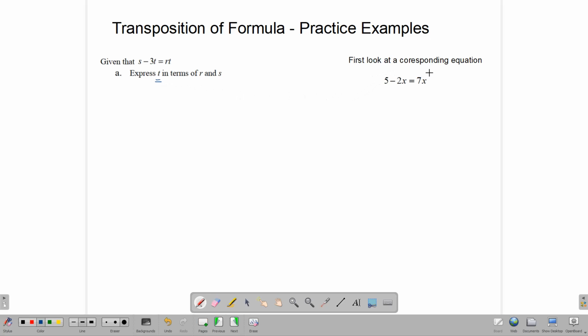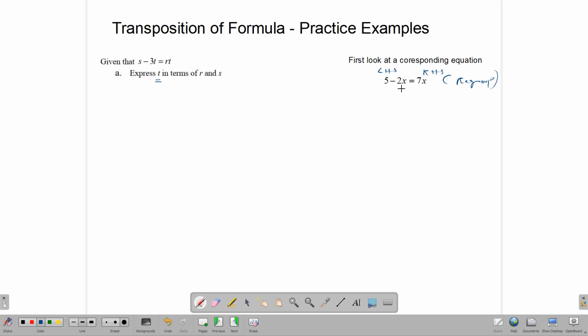Let us look at this corresponding equation first. When we're solving an equation that has x's on both sides, our idea in solving it is to regroup. So we are going to regroup the x's on one side of the equation. Here we have the left-hand side, and here we have the right-hand side.